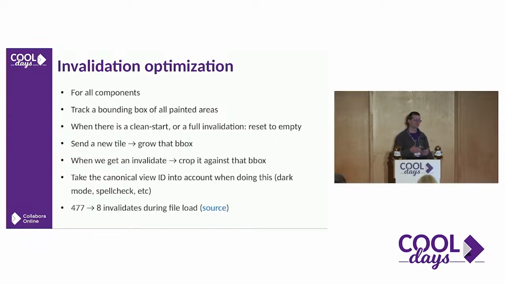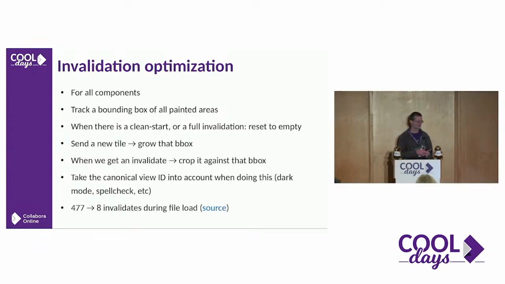Now, with online, it actually does matter how much you invalidate, because invalidations cause network traffic, and that adds latency, and we are much more sensitive to that. So what we do is we track the areas that we already painted, and in case the code would try to invalidate an area which was not painted, then we can optimize these invalidations away.